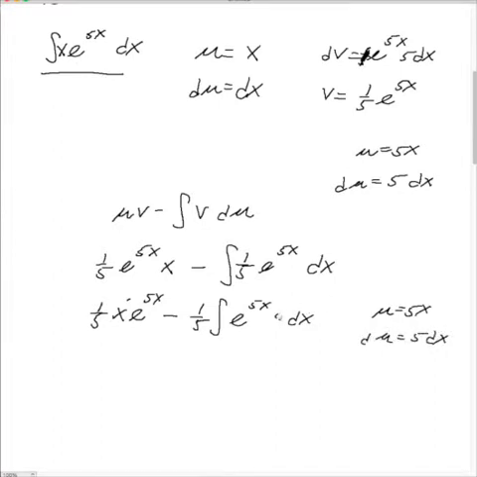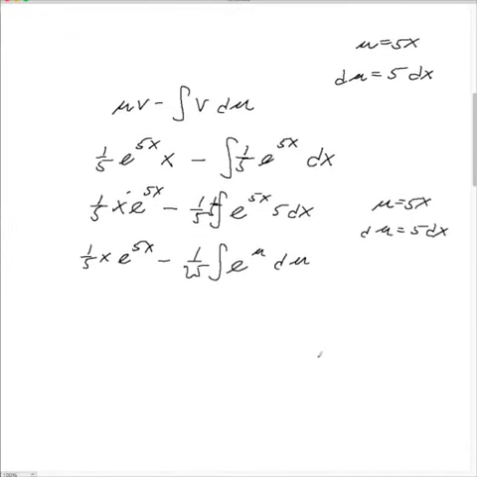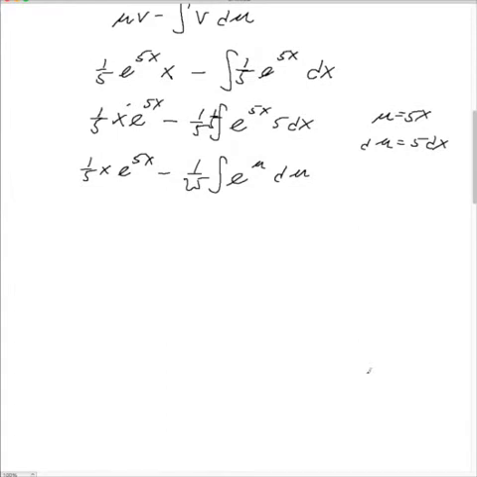So to make it work, I need a 5 there, and I need another 1/5 out front. So this becomes 1/5 x e to the 5x minus 1/25 antiderivative of e to the u du. I might be overdoing it a little bit with the u substitution, but I just want you to get practice at it. Let me scroll this up a little bit.